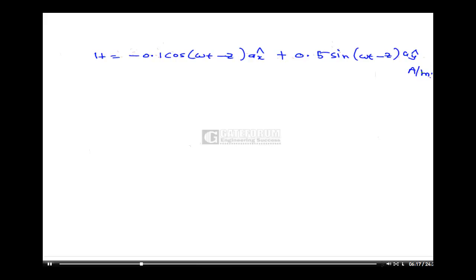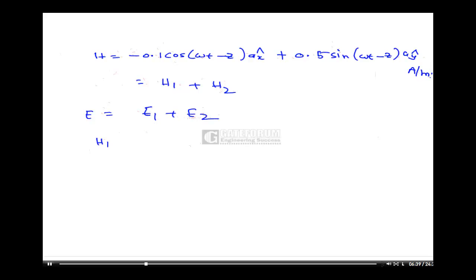Here it is very interesting: it has two components, H1 and H2. So H is the sum of H1 plus H2. Therefore E also has E1 plus E2 components. I have to calculate E1 and E2.